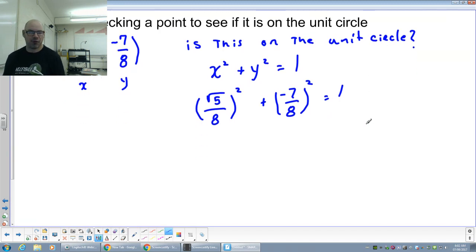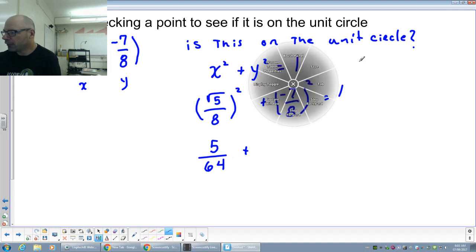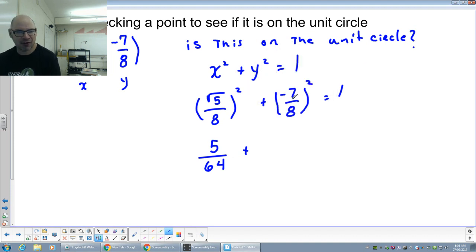When it's fractions, you have to square the top and the bottom. Root 5 times root 5 is root 25, which is 5. And 8 times 8 is 64. Plus, negative 7 times negative 7 is positive 49 over 64.